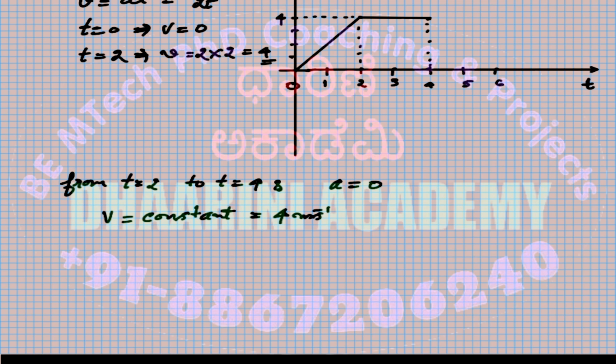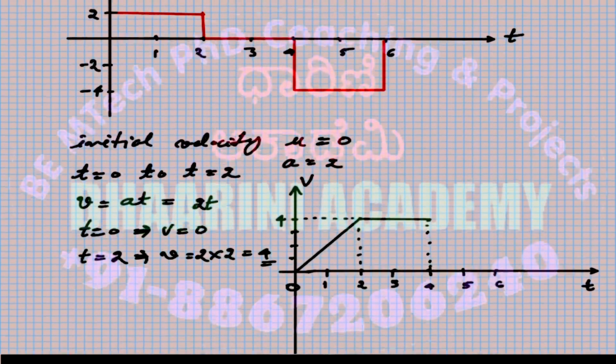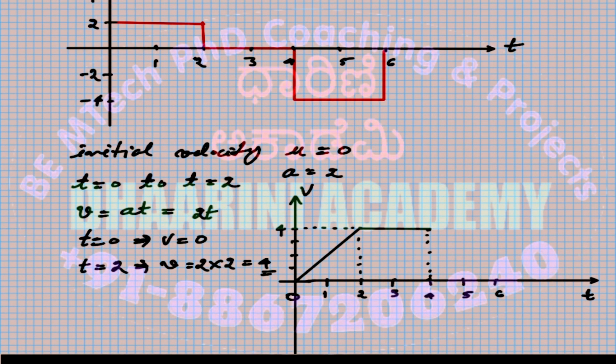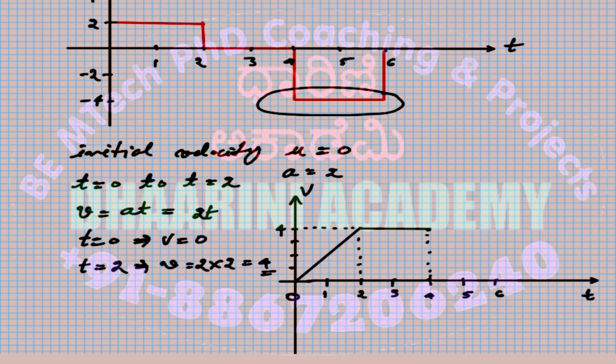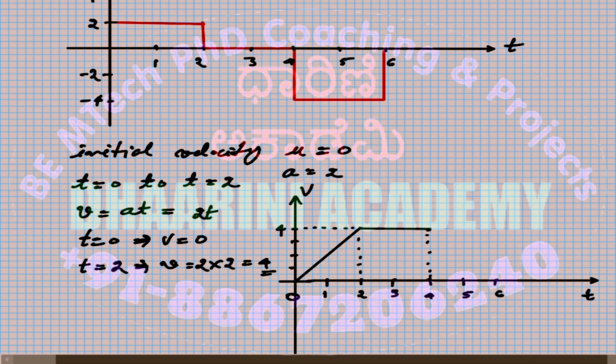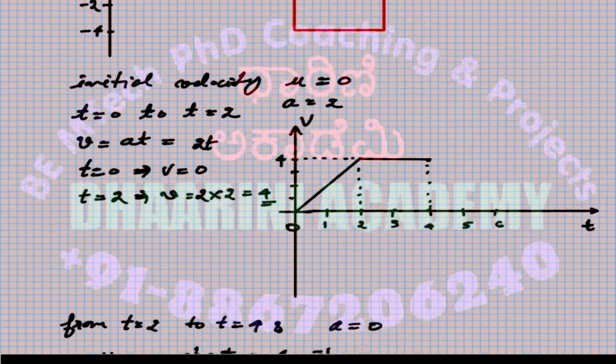Okay, now let's move to the third part of the graph. The third part of the graph says acceleration is minus 4 from 4 till 6. So what is the equation?